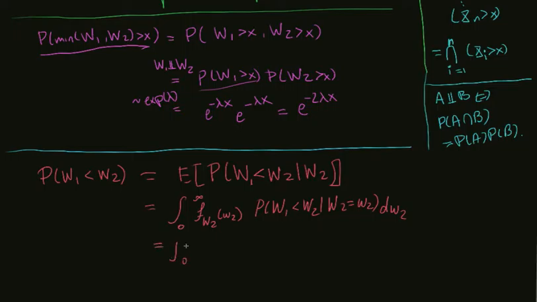Let's recall that the marginal density of W2 is given as lambda e to the minus lambda W2. And given that W2 is equal to little w2, the probability of W1 being smaller than W2 is just the probability that W1 is smaller than the value w2.